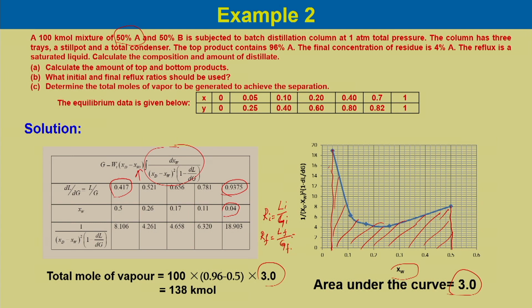So, which is 0.9375 and this is 0.417. So, the initial and final reflux ratio you can calculate, and you can calculate the total mole of vapor which is generated for this distillation operation.